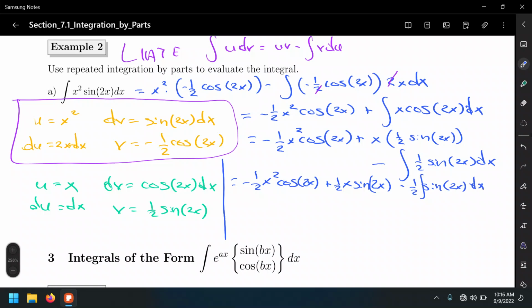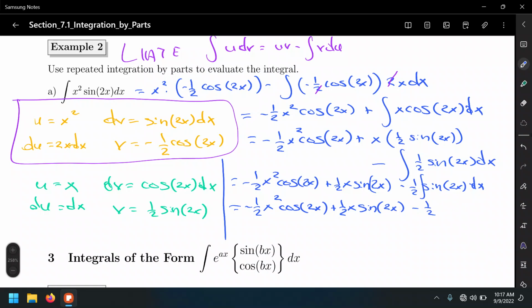And the integral of sine 2x, we already did it when we set up the first integration by parts. So that's a negative 1/2 x squared cosine 2x plus 1/2 x sine 2x and minus 1/2 the integral of sine.